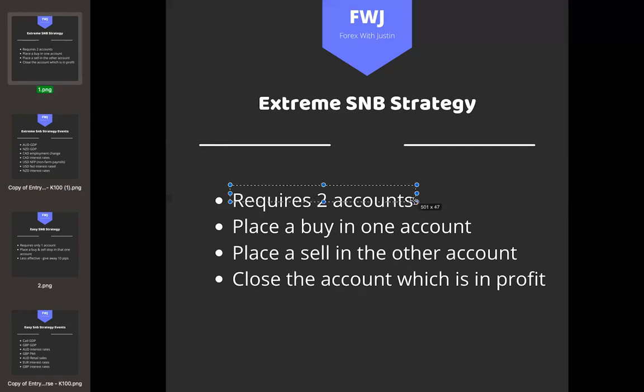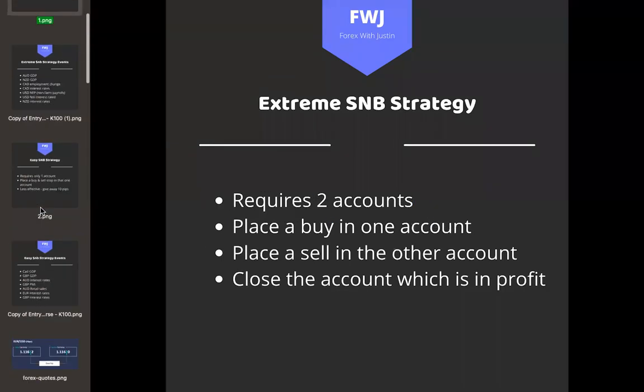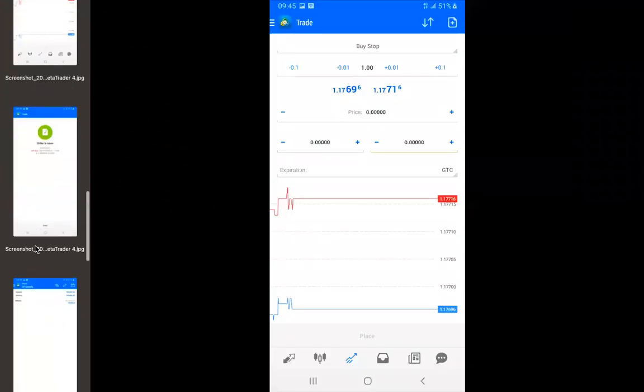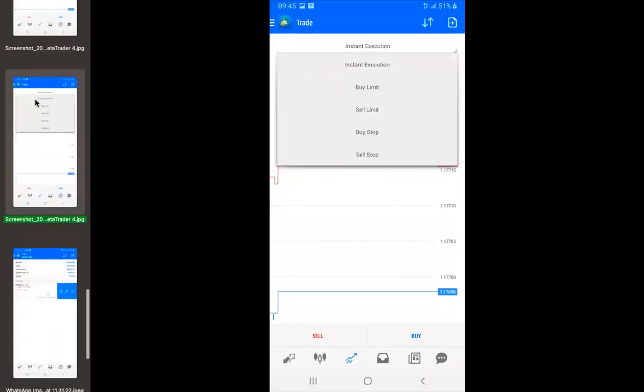So that's the extreme. For the extreme, there's one thing I want to see. Where's the drop down menu? Here it is. Okay, so for the easy, we are focused on these two. For the extreme, we're only going to focus on this one here, inside the execution, the first option. It's usually the default.